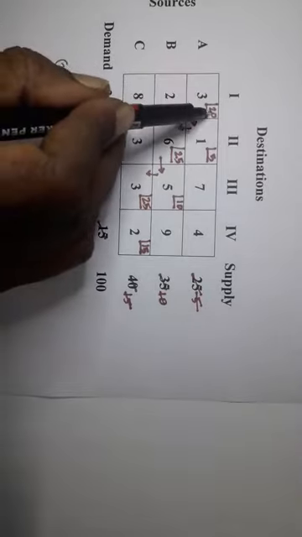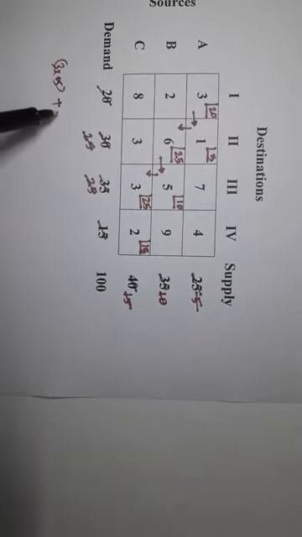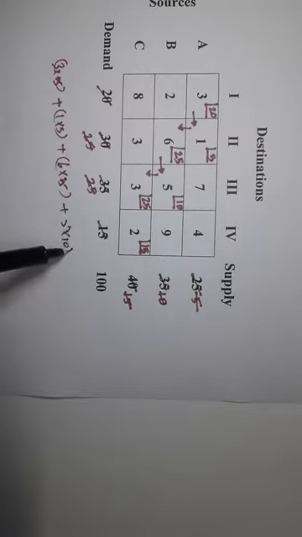Now the cost of transportation will be 3 into 20, that is, 20 units are transported at the cost of 3 per unit. Similarly, 1 into 5 plus 6 into 25 plus 5 into 10 plus 3 into 25 plus 2 into 15.